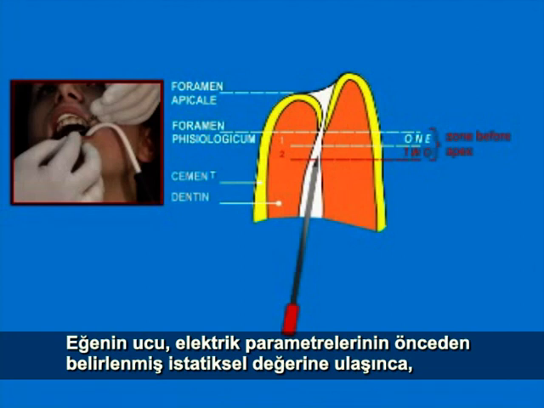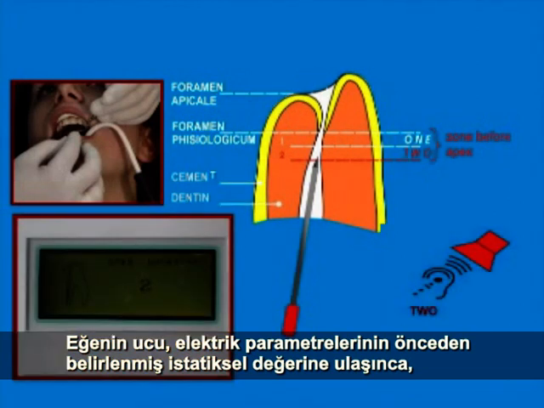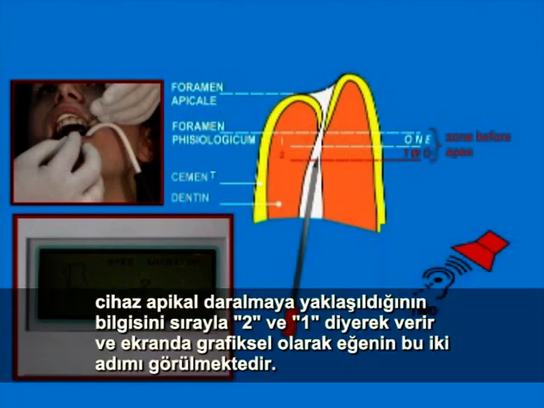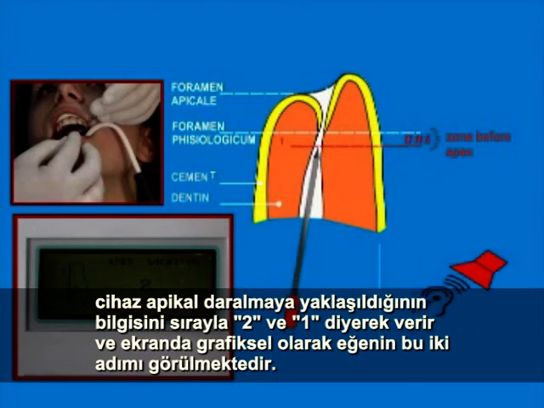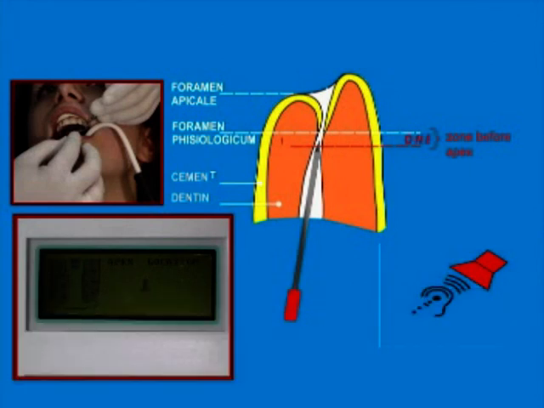When the tip of the file reaches a preliminary defined statistical value of electrical parameters, the device informs about approaching the apical constriction of 2 and 1 conditional step degrees, and on the display is shown a scaled graphical scheme with the penetrating tip of the file with 2 and 1 steps.